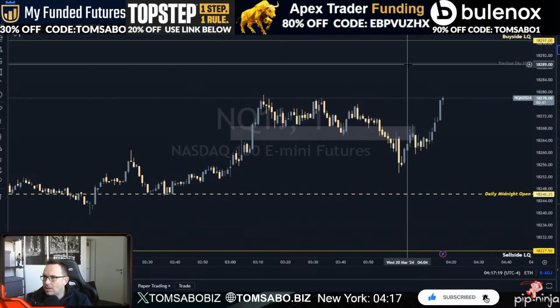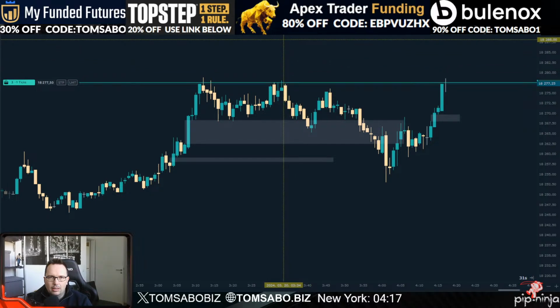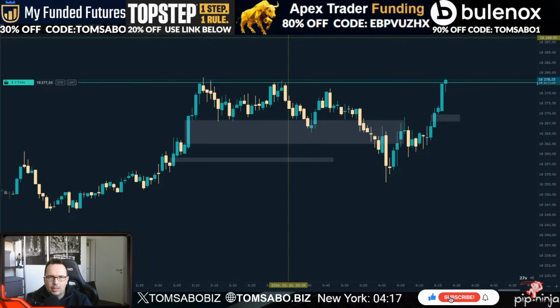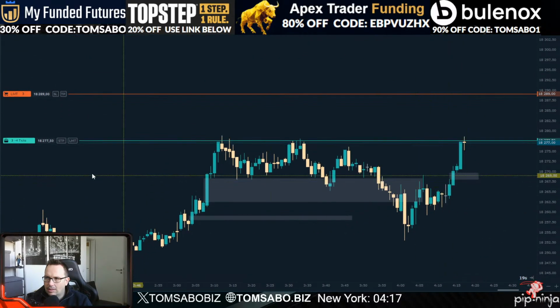This is super dangerous. My TP is at 89, and I'm gonna add a little bit more to this trade, or I'm going to manually close it if I have to.